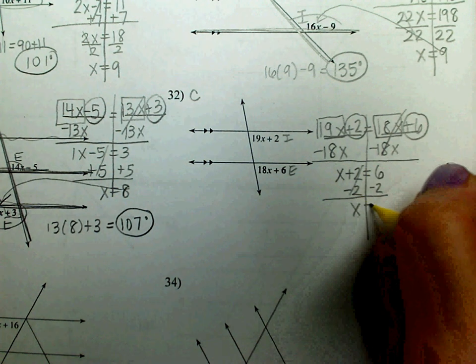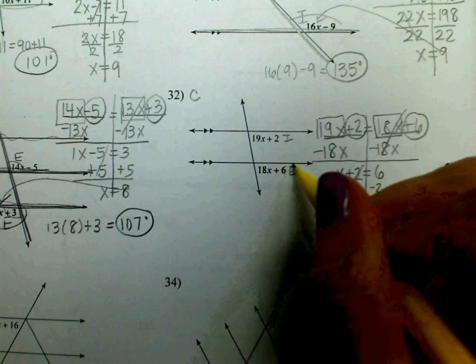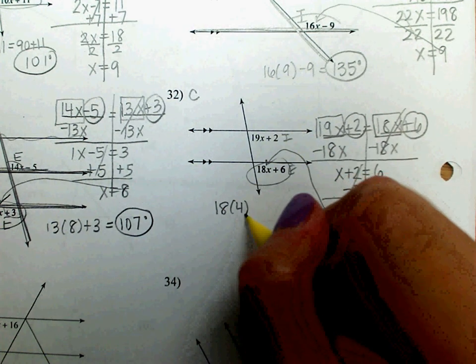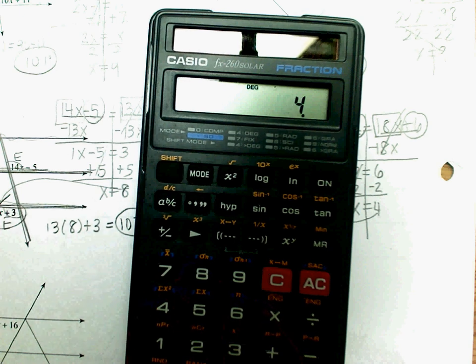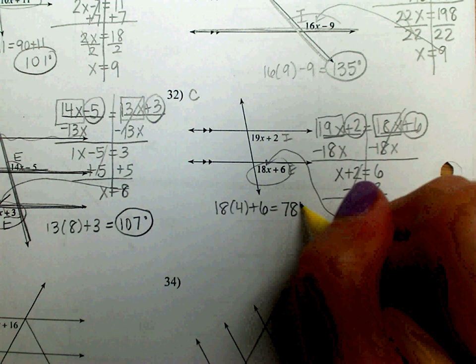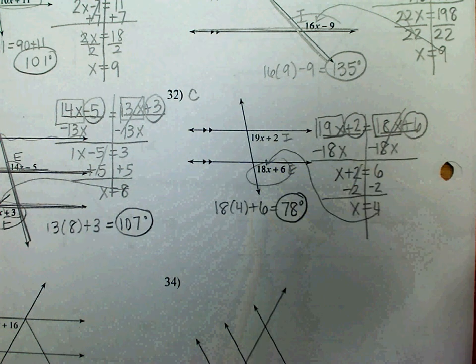And then you take the 4, and this looks bolder, so let's put it here. 18 times 4 plus 6 equals 78. Now, that's an acute angle, and does that seem reasonable? Yeah, if you look at this, this definitely looks acute. Not super acute, so that's why 78 seems like a reasonable number.